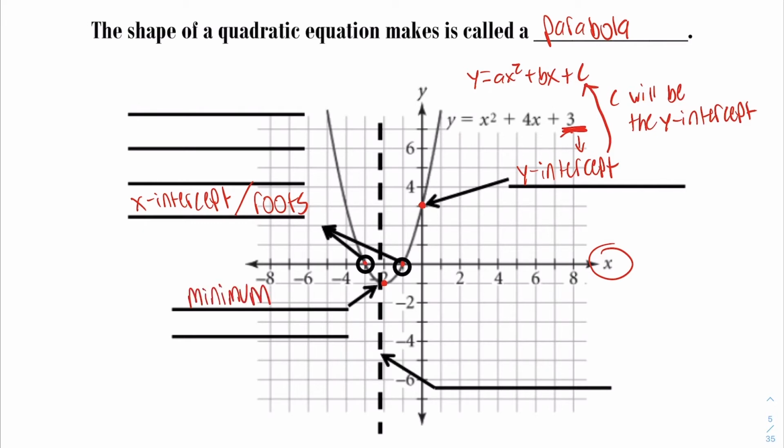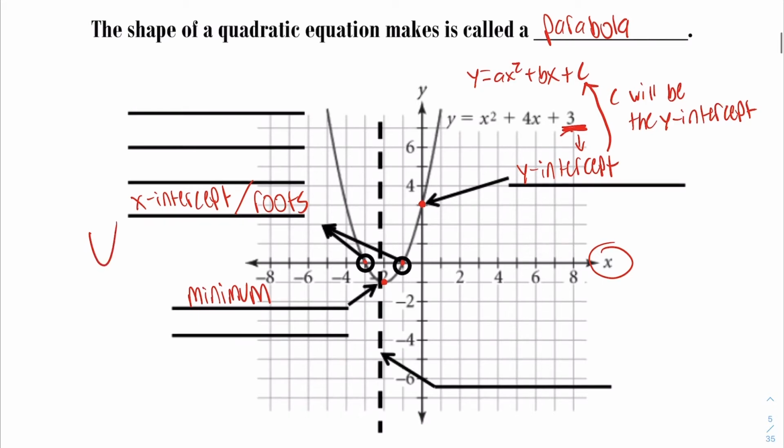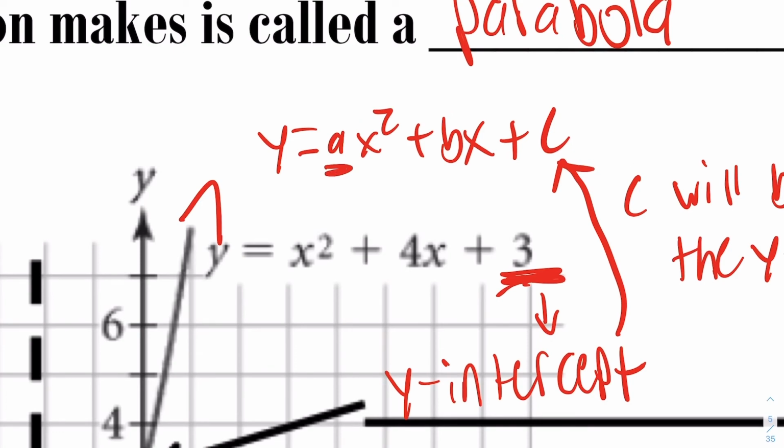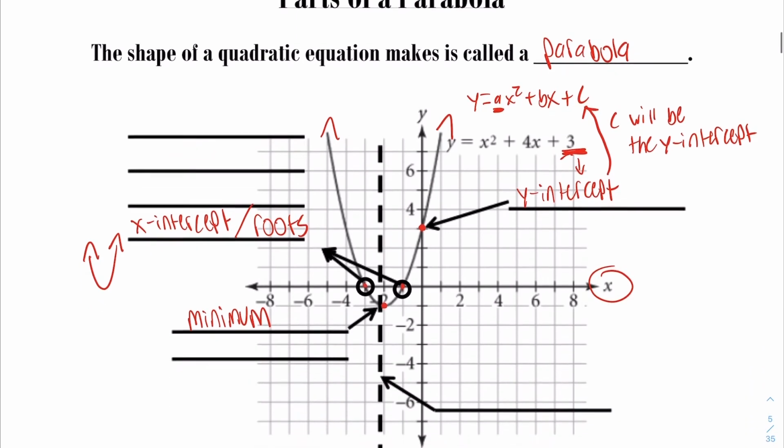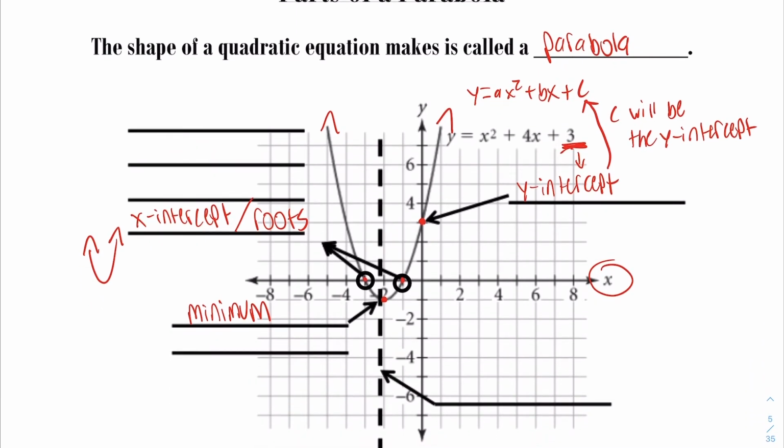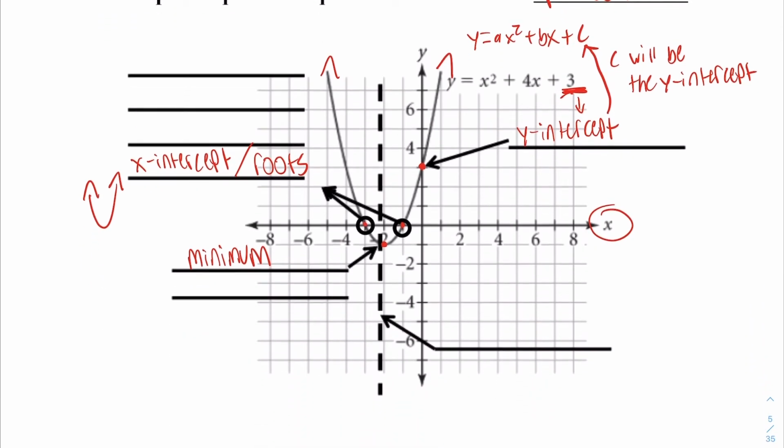Every single time you have a parabola that opens upwards, with its arrows pointing up, it's going to have a minimum. And a graph will always open upwards if a is positive. If that's positive, then your graph is going to open upwards and you're going to have a minimum. I'll show you more examples of that later, though.